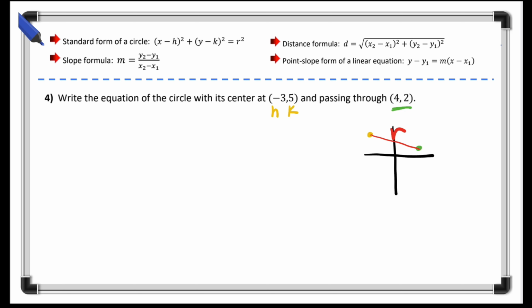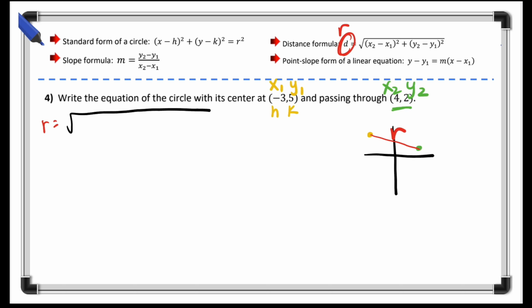So again, the distance is going to actually be the radius in this particular question. So our radius is going to equal the square root of, and we have our 2 points. Here is x1, y1, and then our second point is x2, y2.